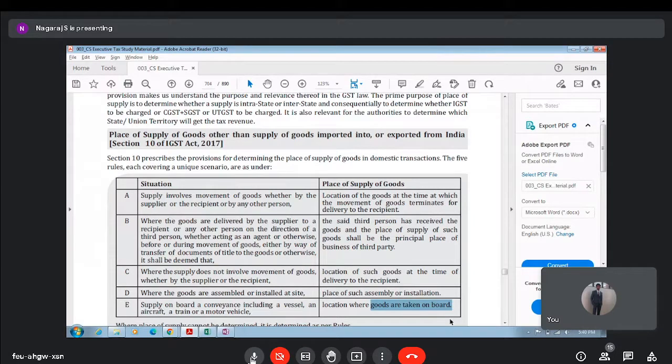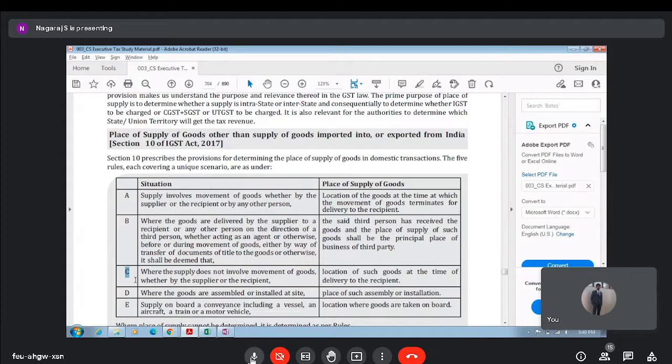Out of these 5, except C, there is every chance that you might get a question in any of these 4. Understood? Very easy.